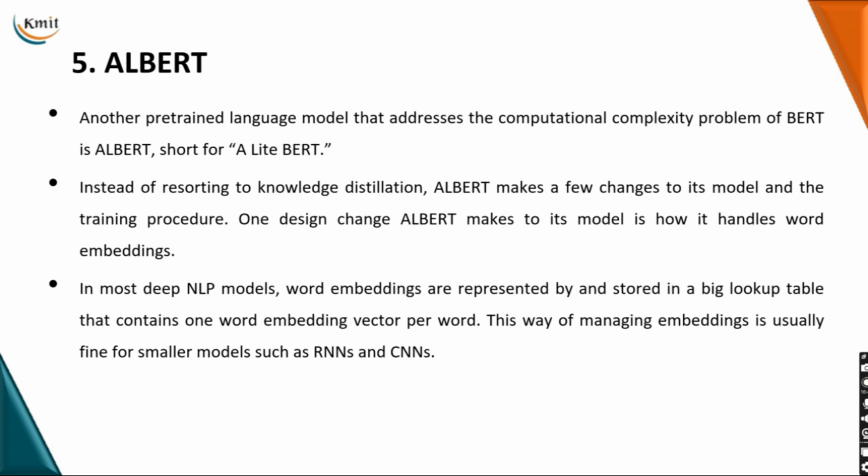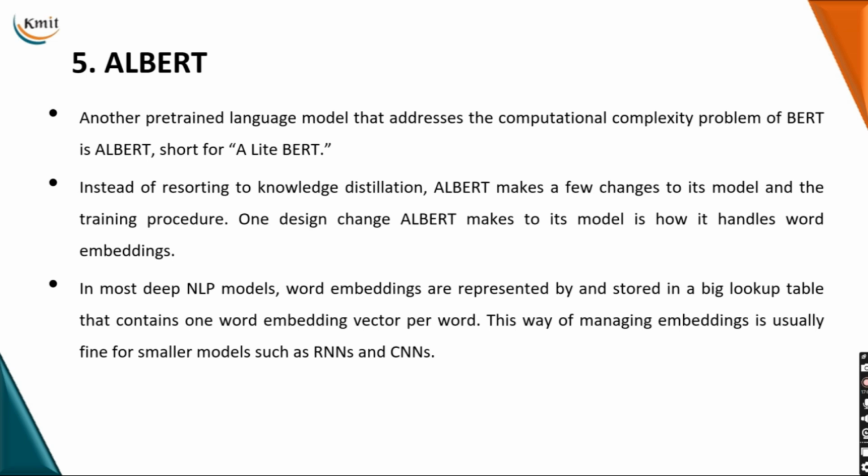For instance, BERT base has 9 times as many parameters as ALBERT base, and BERT large has 18 times as many parameters as ALBERT large. ALBERT large achieves comparable performance to BERT large, and is almost 1.5 times faster than BERT.